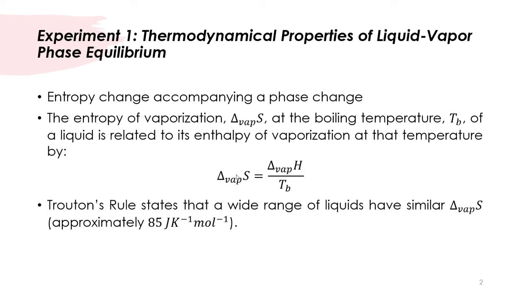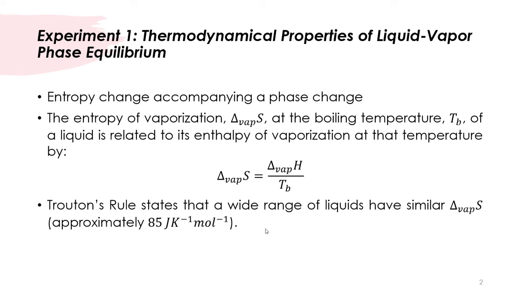So it's very straightforward. Alright, on top of that, there is this rule called Trouton's rule, which states that most liquids have similar entropy of vaporization, which is about 85 joules per Kelvin per mole.